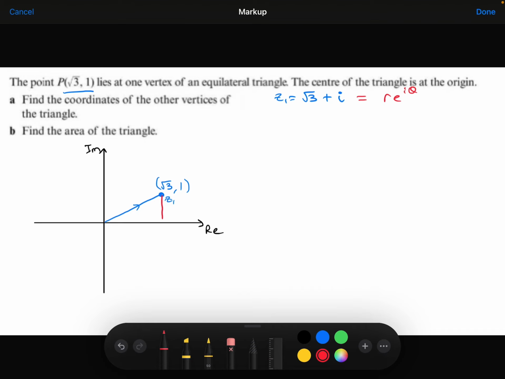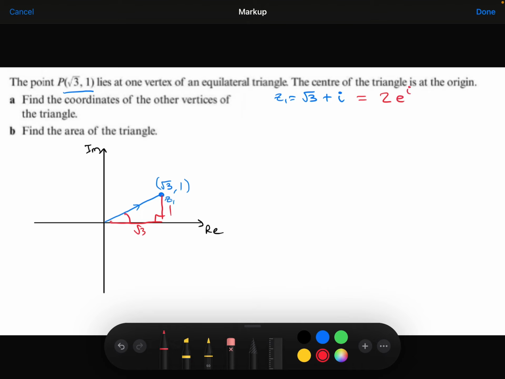Well, I can do a little bit of Pythagoras here. Root 3 squared plus 1 squared is 4. The square root of 4 is 2. So I know that the modulus of this number is 2. I now want its argument.